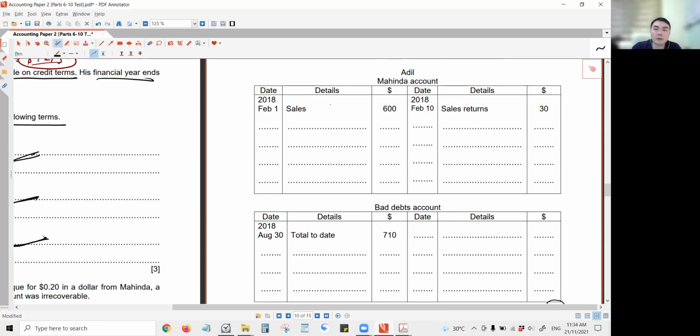So who is Mahinda to us? Mahinda is our customer or supplier. Tell me in the chat box whether it's customer or supplier. I wait for everyone's response. You must be able to observe, when you are given a person's account, whether this person is our customer or supplier.